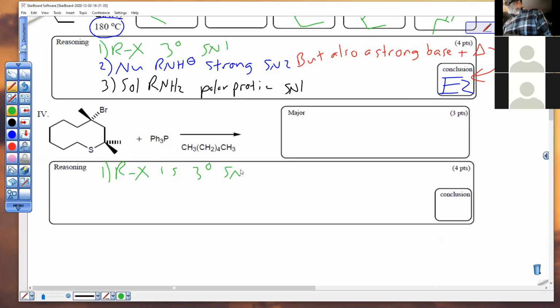You're thinking SN1, but Rx has RSR new. NGP, neighboring group participation. Want me to say that slower? Neighboring group participation.